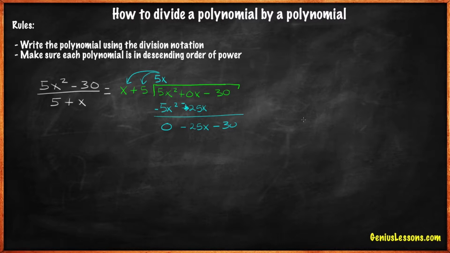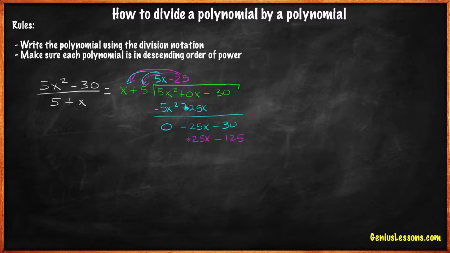What multiplies by x to give us negative 25x? Negative 25 times x will give us negative 25x, so we will use negative 25. Negative 25 times x equals negative 25x. Negative 25 times 5 equals negative 125.